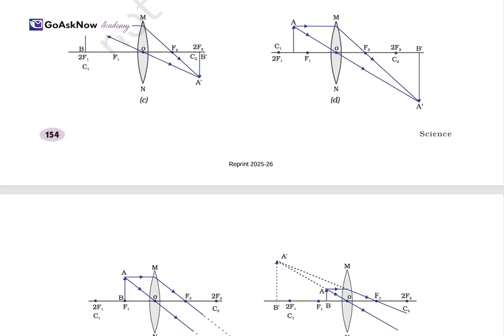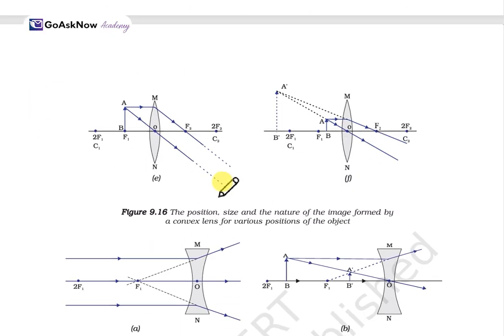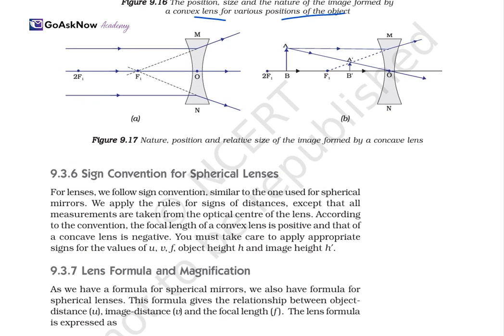Again, when the light from A and B is passing through the center of curvature, this is what has been shown here. So the position, size and nature of the image formed by the lens for various positions of the object. Now, this is for the concave.